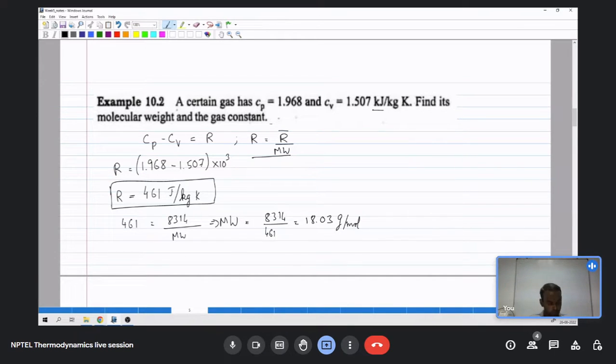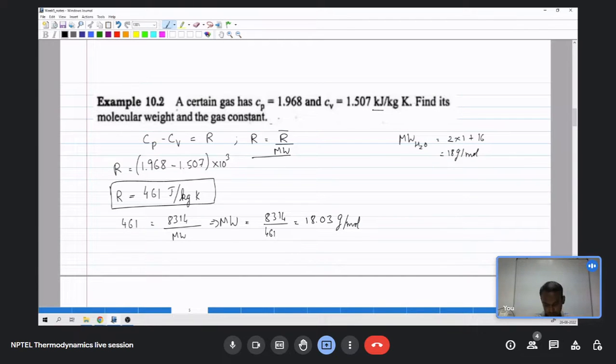Can anyone of you guess which molecule's molecular weight is 18 gram per mole? Okay, so molecular weight of H2O is 2 into 1 plus 16, so this gives 18 gram per mole.